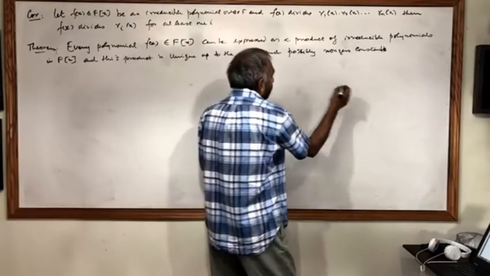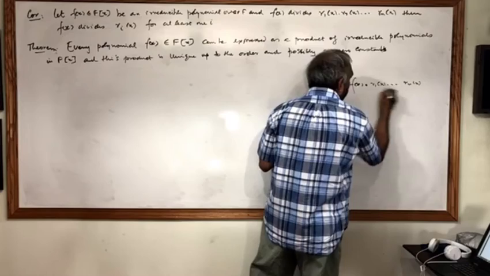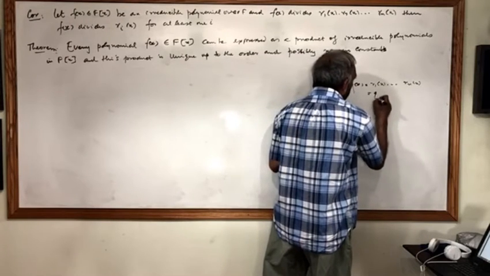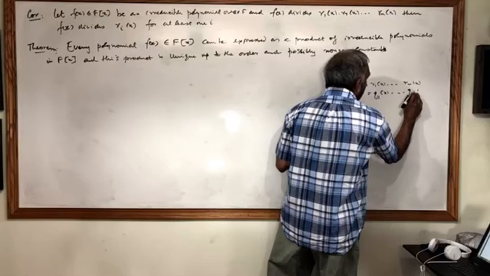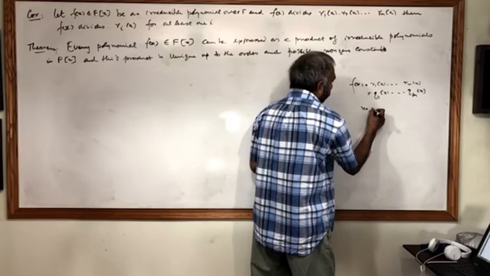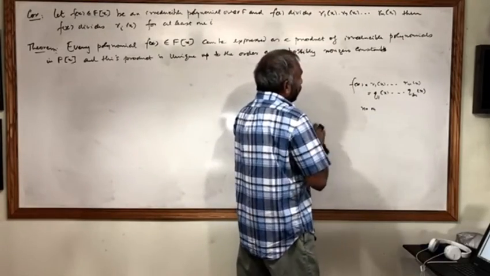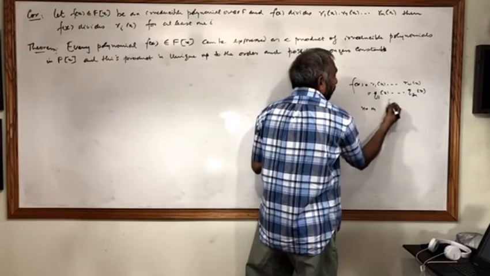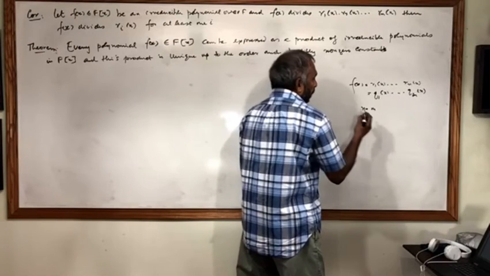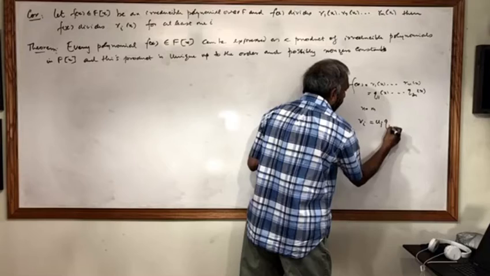Meaning f of x can be written as r1 of x dash dash rn of x, where all of them are irreducible, and if you can write it as, let us say, q1 of x dash dash qm of x, then n is equal to m, number of irreducible polynomials are same, and you can find some ri as a multiple of some qj, or the other way, meaning some ri's could be some constant times qj of x.